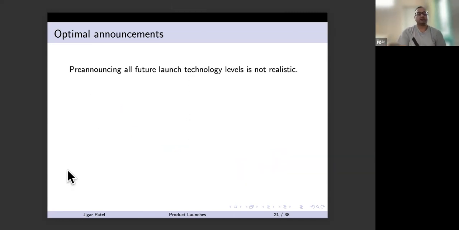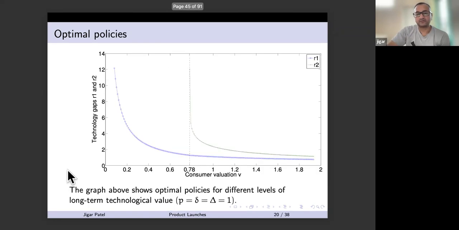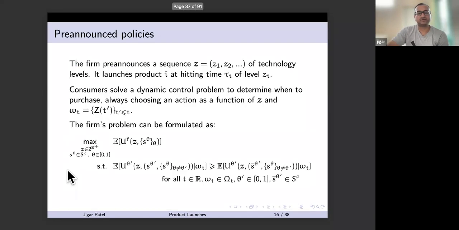Okay. So we compared these two situations where we launch on the go and where we are pre-announcing. Let's now take a step back and think about this pre-announcing policy. So what did I say? I said, well, with pre-announcing, the firm pre-announces a sequence of technology levels.